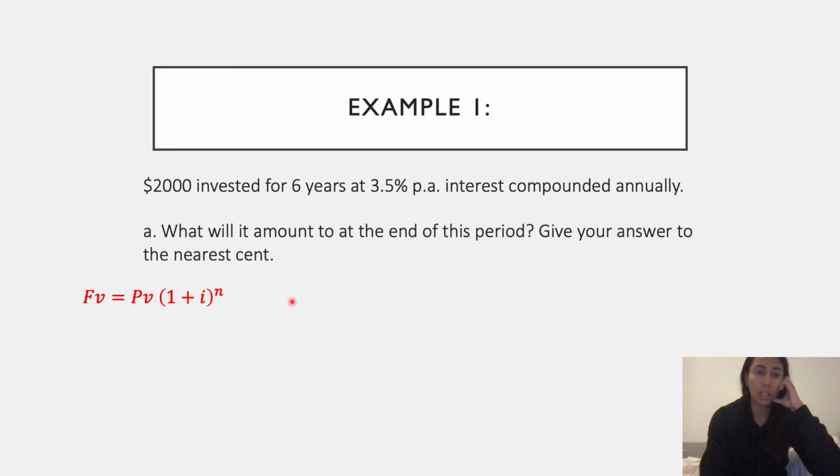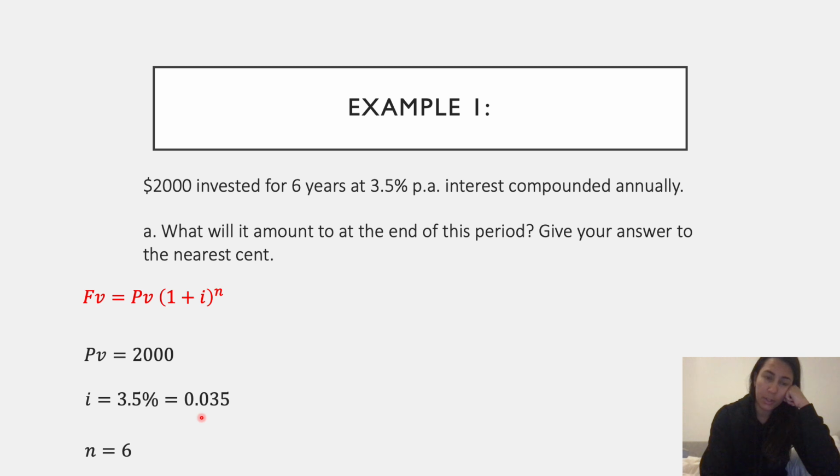So I'm using this formula, and then I like to identify all the variables that I have. So my present value would be 2,000. My interest is 3.5%, so it would be 0.035, and the number of years is 6. So then all we're going to do is substitute these values in for our formula.